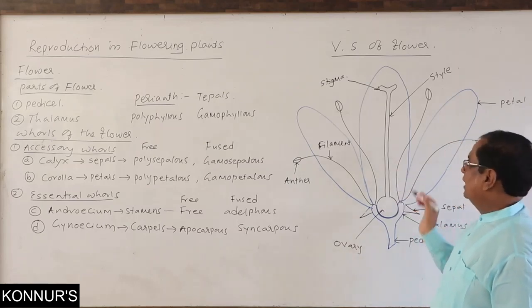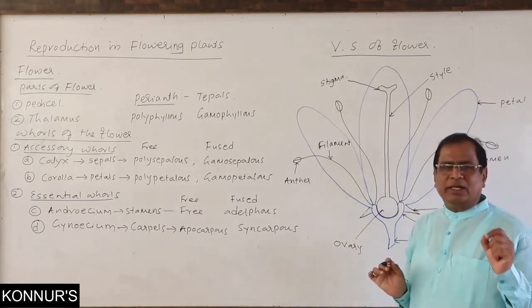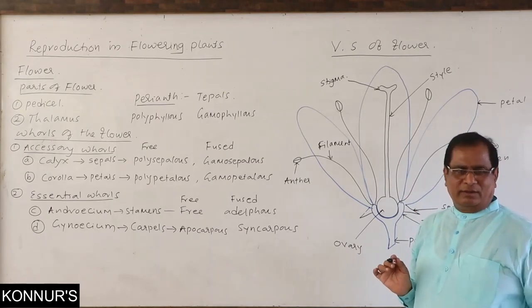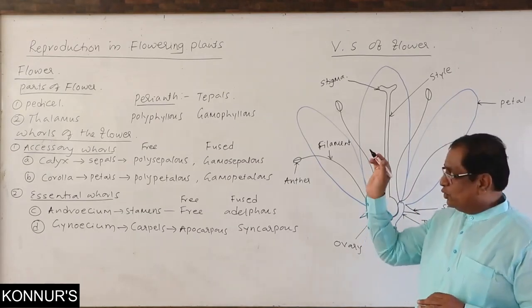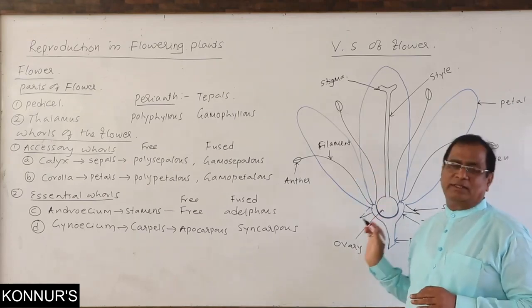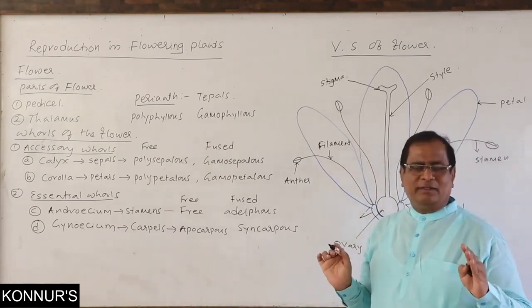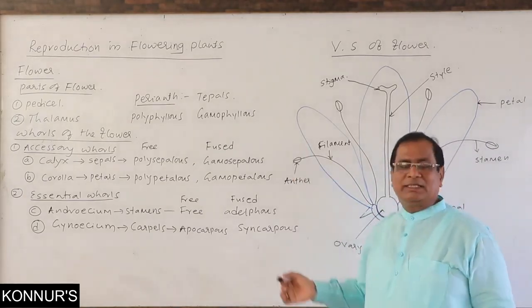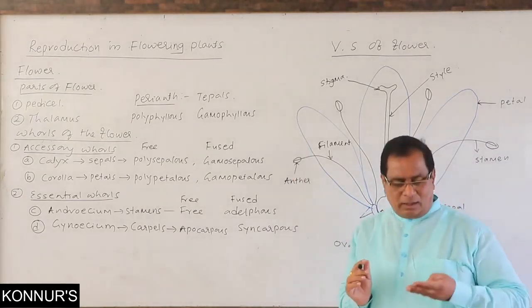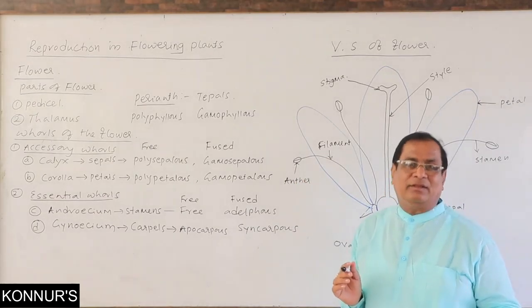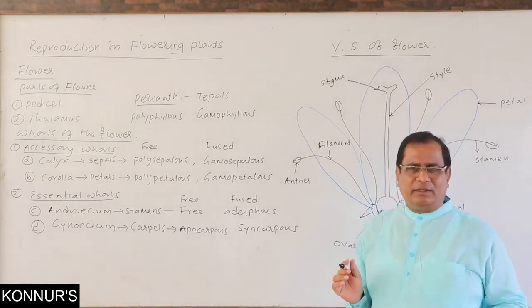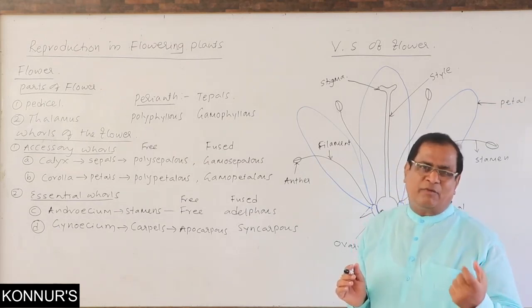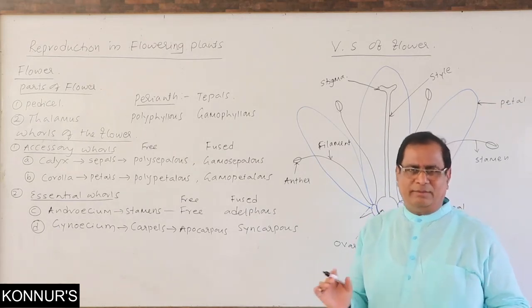This is a brief account of a vertical section of a flower. With respect to reproduction in flowering plants, we have to study the structure of the stamen and the TS of anther, where pollen grains are formed.